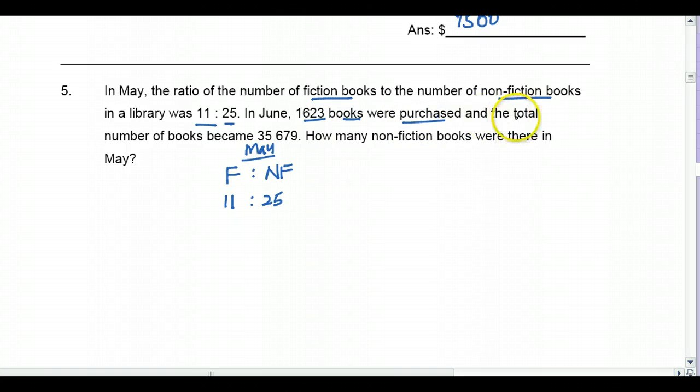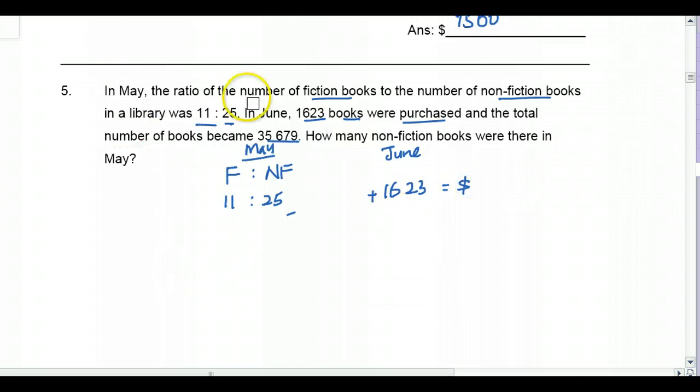So they were bought, and the total number of books became 35,679. So I know in June, the original, I have to add 1,623, which would then give me 35,679.